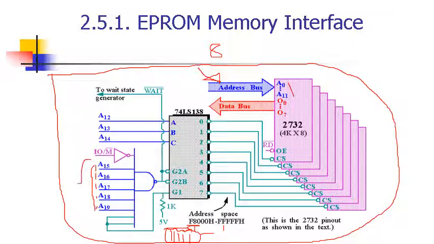So we're making the 5 most significant bits of your address all 1 and providing them to the NAND gate.